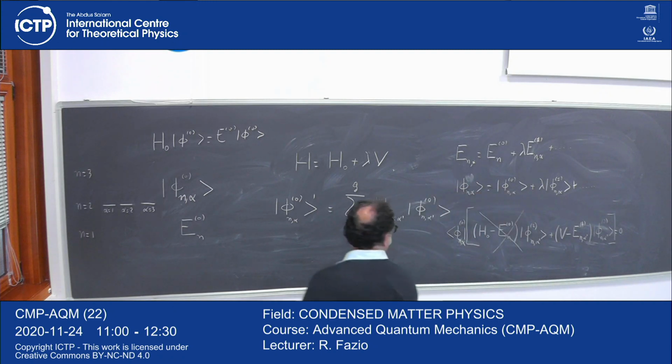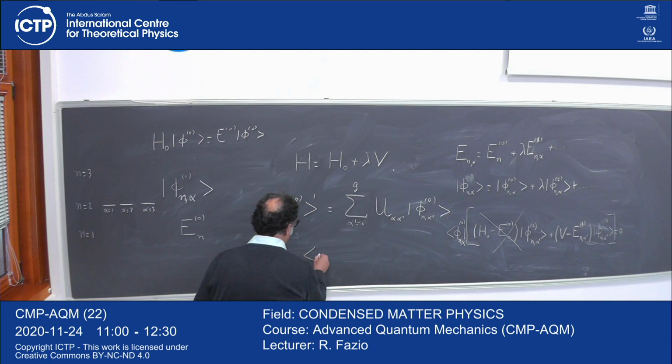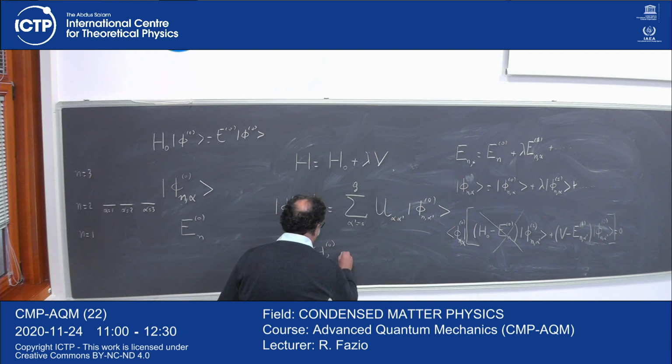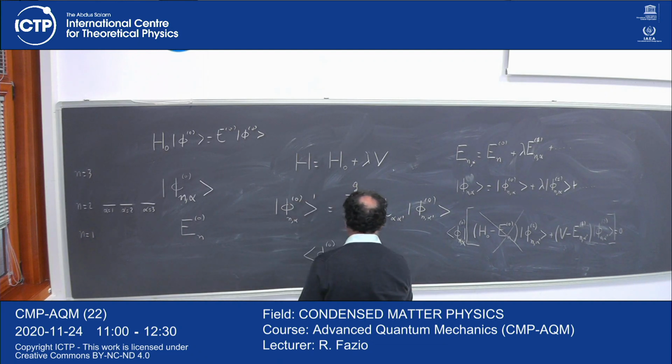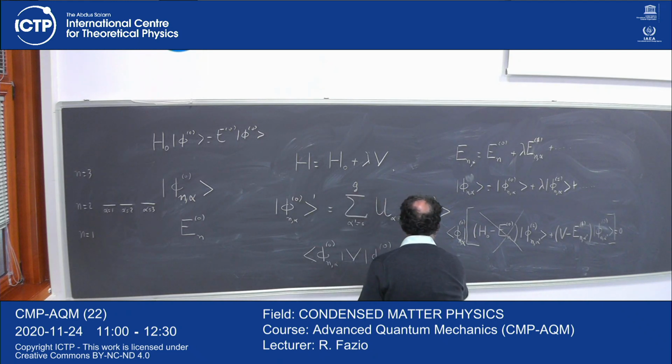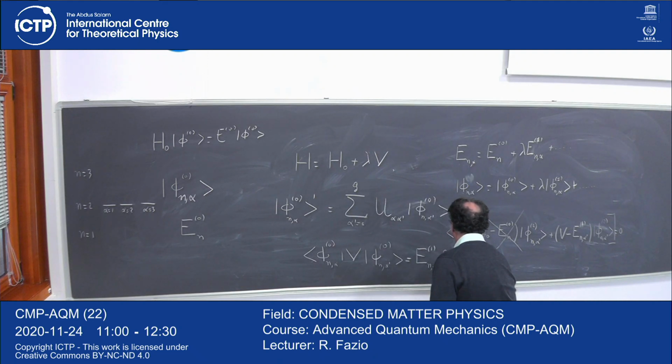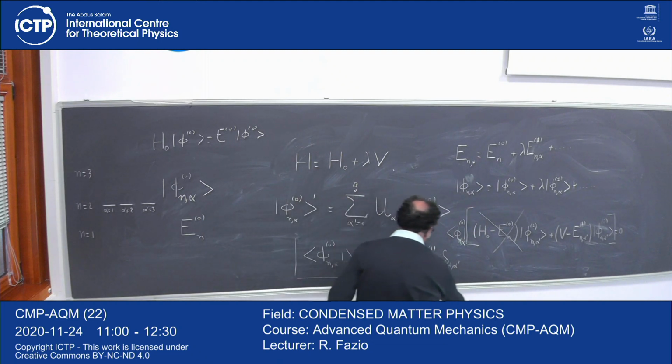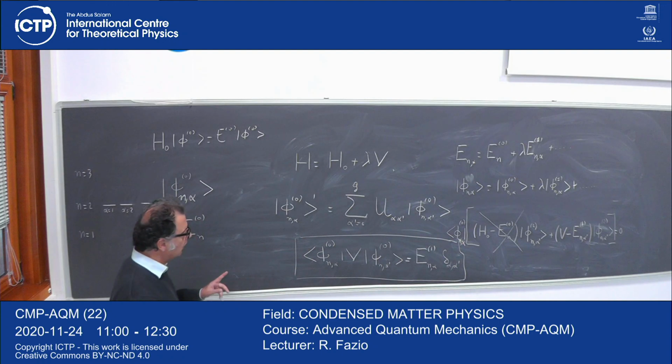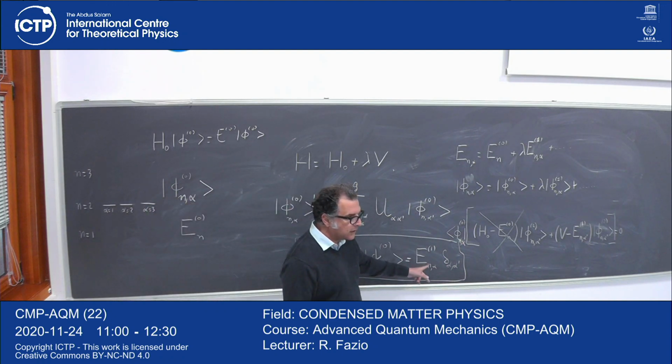And you remain with a condition, I just write it here: phi 0 n alpha, V, phi 0 n alpha prime is equal to E1 n alpha delta alpha alpha prime. So this is the result.